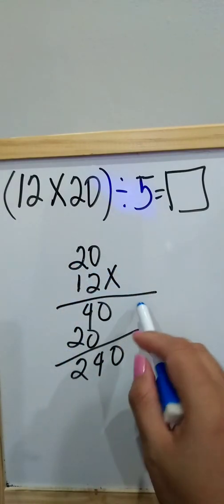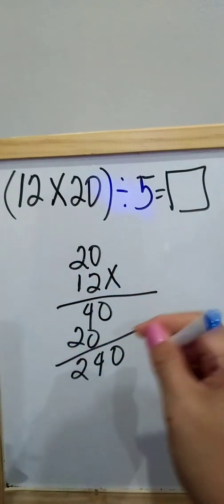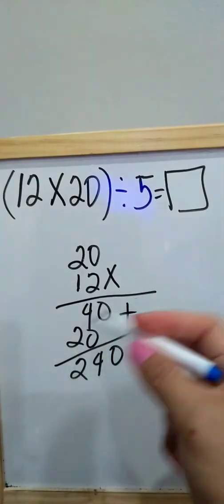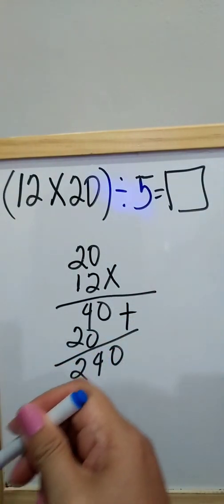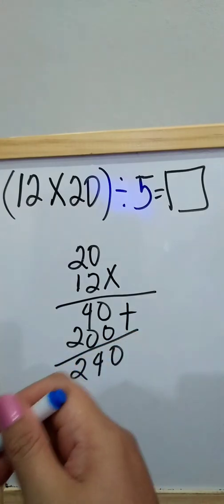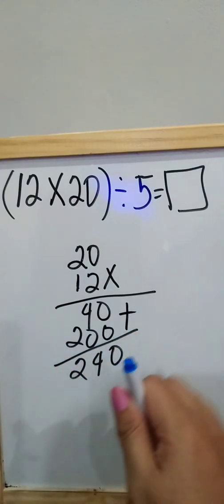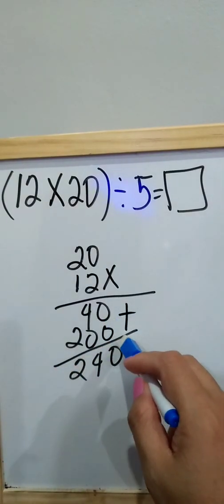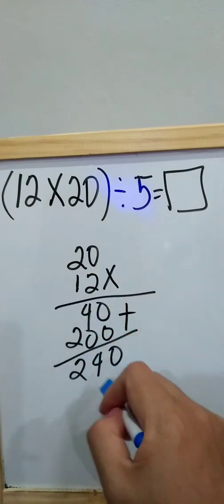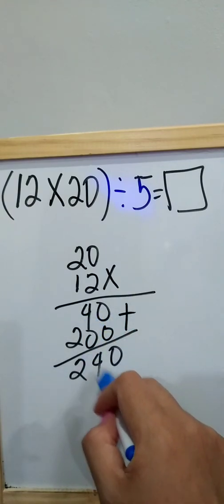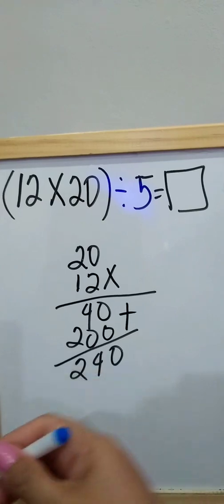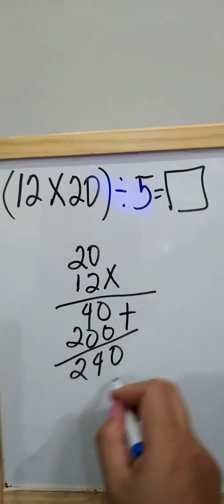Now we have to add. 0 plus 0 is equal to 0. 4 plus 0 is equal to 4. Bring down 2. So it's 240.